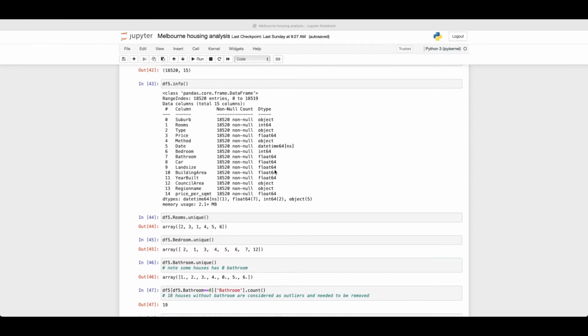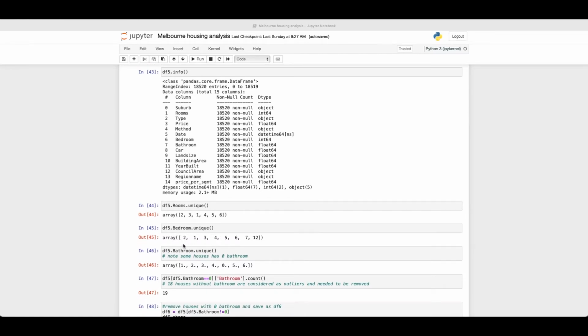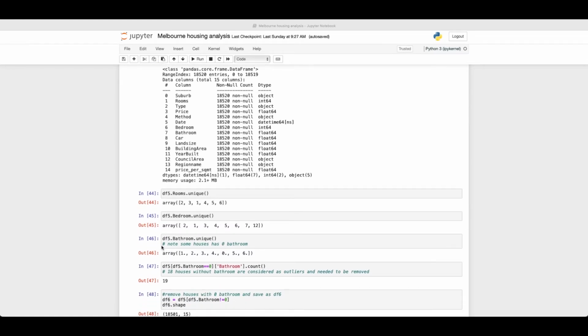And then keep looking for the outliers, see the unique values of the rooms. Looks good: 2, 3, 1, 4, 5, 6. The bedroom numbers look good, but the bathroom numbers are a little bit off. There's some sales that have 0 bathrooms, which is not common.